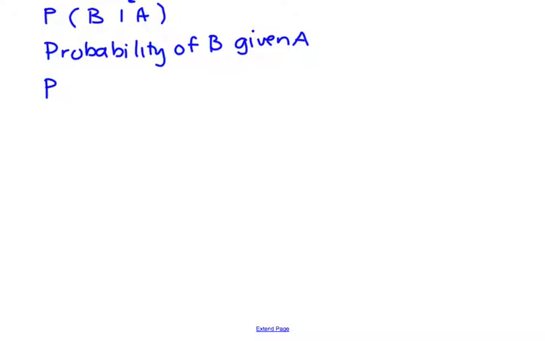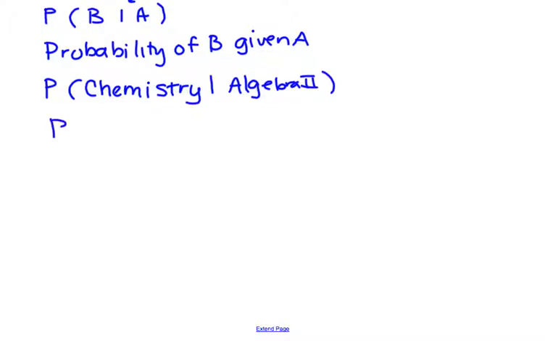The probability of chemistry given that the student is in Algebra 2. Okay? So the probability, I'm shortening up here, C. Okay? So the probability of chemistry given that they're in Algebra 2.